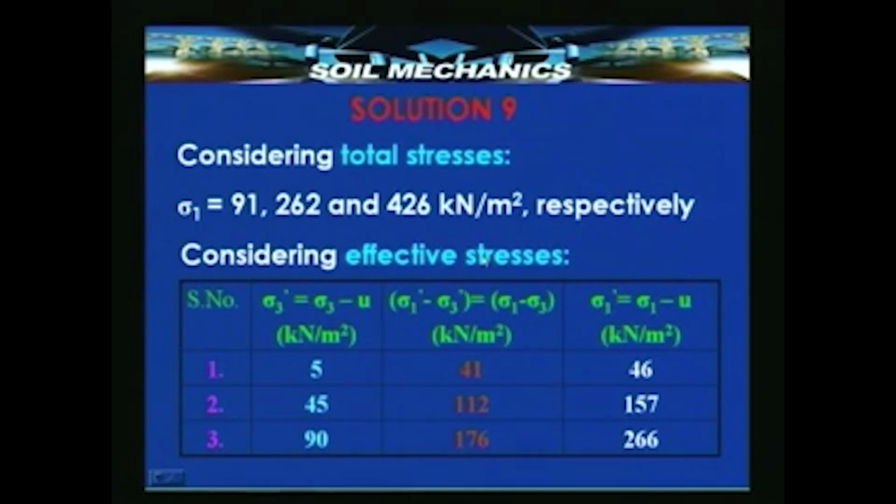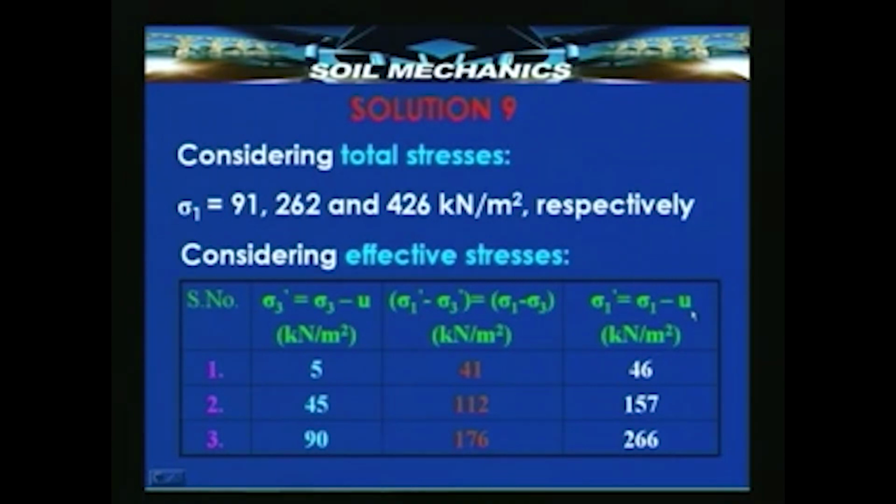If I consider total stresses first, I know sigma 3 and sigma 1 minus sigma 3, which will give rise to 3 values of sigma 1 like this. Since we know the pore pressure, we can subtract the pore pressure from the given values of sigma 3 and the computed values of sigma 1, and we will get sigma 3 dash and sigma 1 dash, and also sigma 1 dash minus sigma 3 dash, the deviatoric stress.